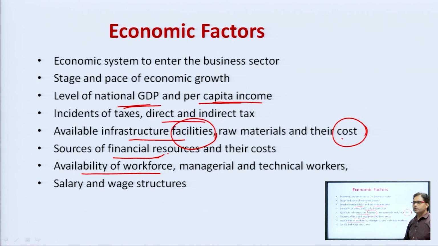Availability of workforce: like in India and China, there is an abundant workforce, and due to that good availability of workforce, the cost goes down, because it directly influences the salary structure. The salary structure is directly influenced by the workforce availability and their managerial and technical knowledge.